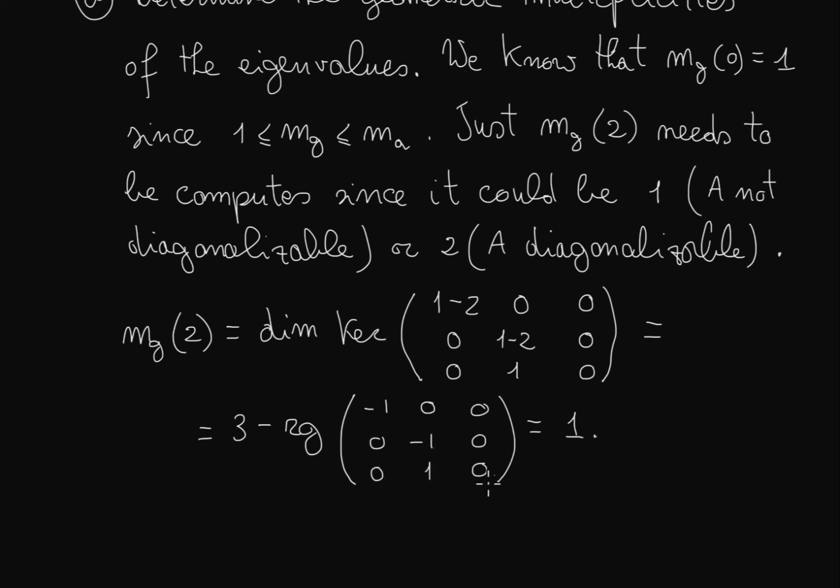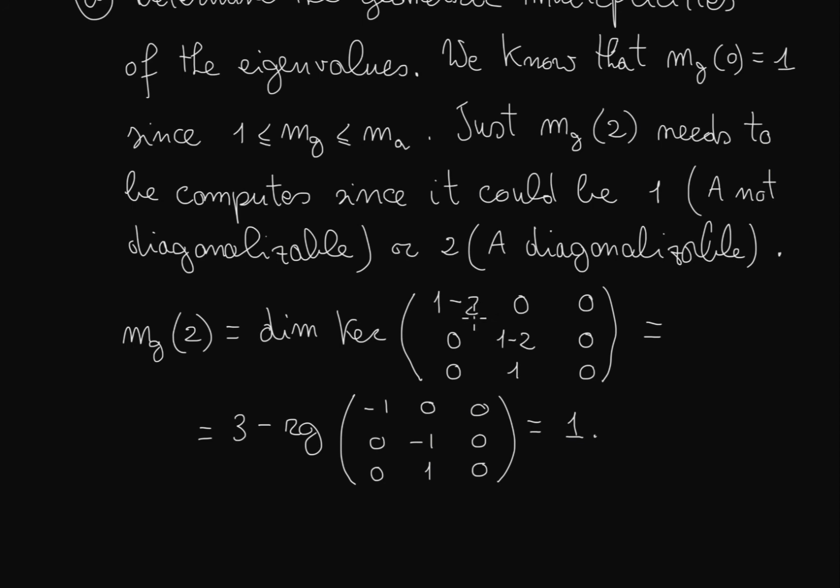Of course, the rank of this matrix is always going to be not maximal, because the kernel is never trivial. Since this is an eigenvalue, the kernel of this matrix cannot be just 0, by definition of being an eigenvalue. It will have a non-zero eigenvector associated.